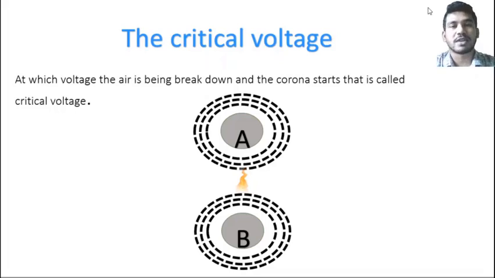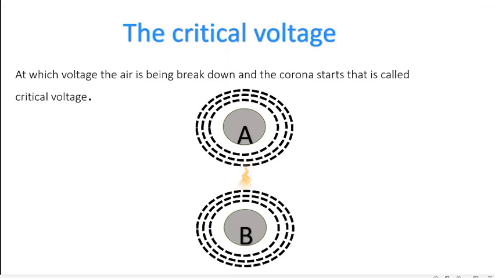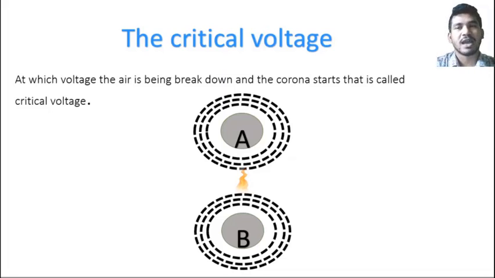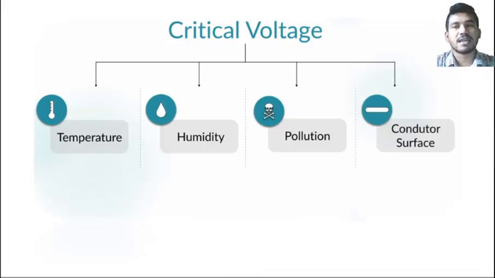Now we will learn about the critical voltage. The voltage at which the air breaks down and the corona starts is called the critical voltage. This critical voltage depends upon a lot of things. Generally, the critical voltage depends upon things like the temperature, the humidity, the pollution level in the air, and others like conductor surface.